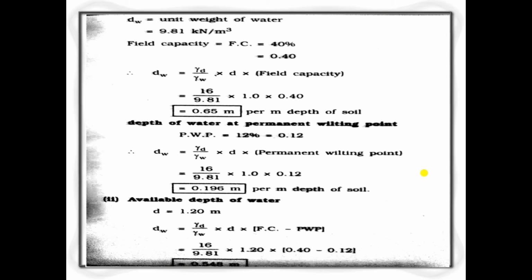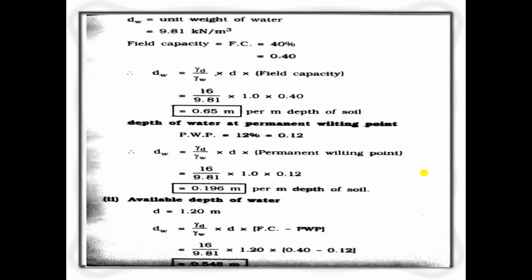So the depth of water is equal to the unit weight of soil upon the unit weight of water, multiplied by the depth of root zone, which we take as unit depth of 1 meter, multiplied by the field capacity. That is 16 upon 9.81 multiplied by 1.0 multiplied by 0.40. The depth of water is 0.65 meter per meter depth of soil.